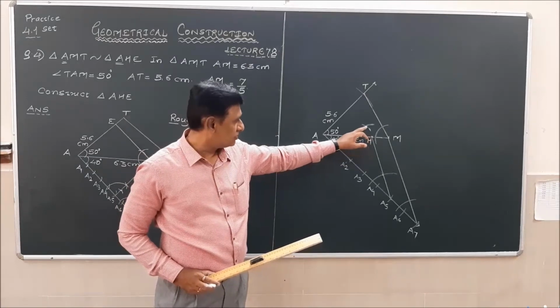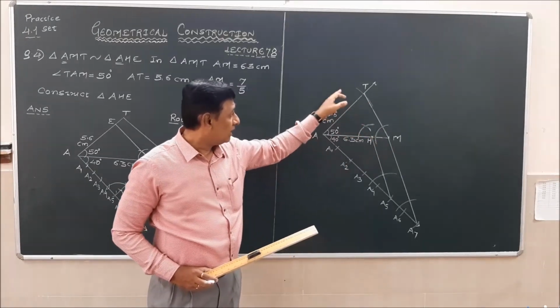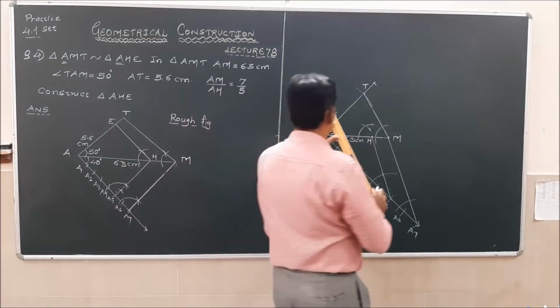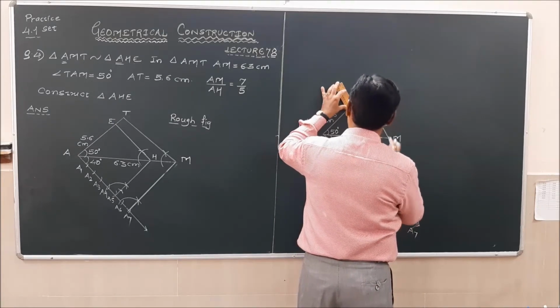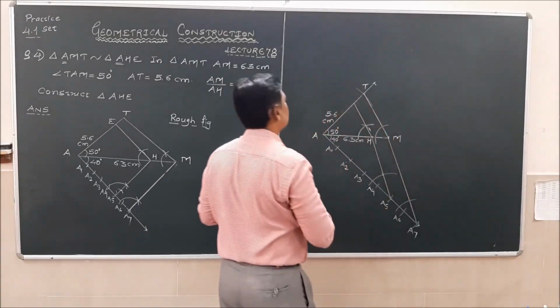From point H, from the point of intersection, you draw EH parallel to TN. EH parallel.